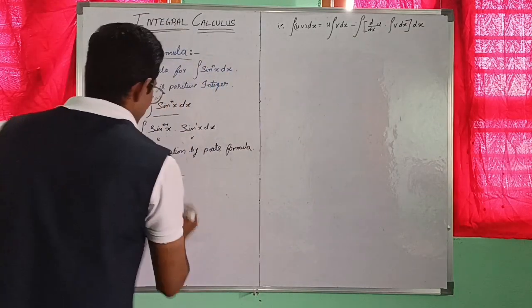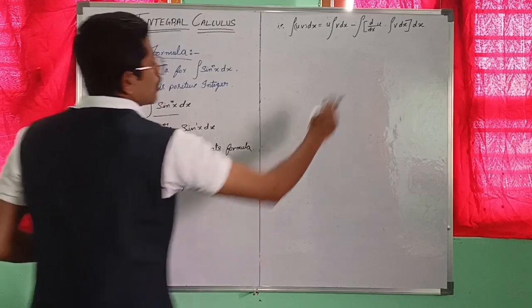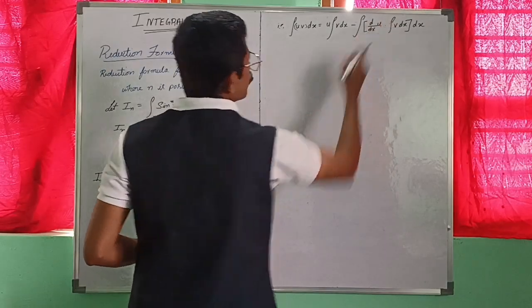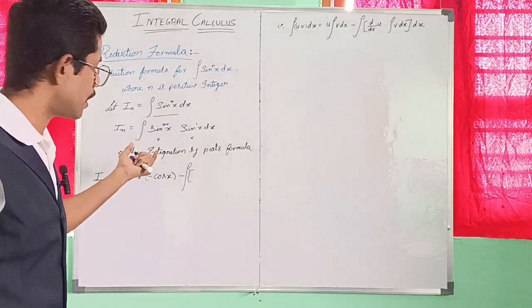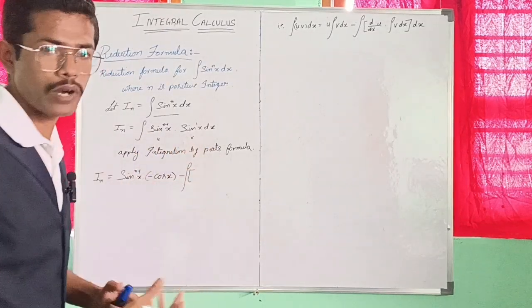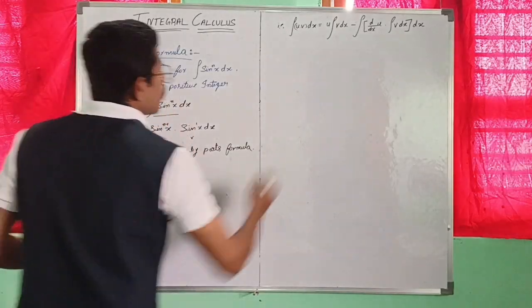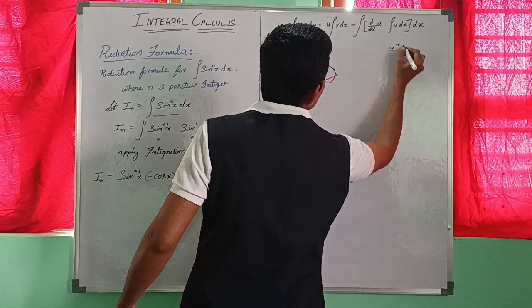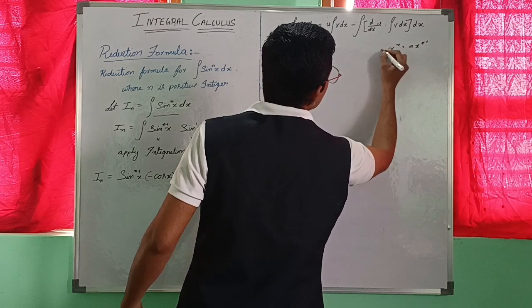Then minus the integration. We have to differentiate u. What is u? Sine power n minus 1 x. So when we differentiate sine power n minus 1 x, what will we get? The formula is that the derivative of x power n is n x power n minus 1.